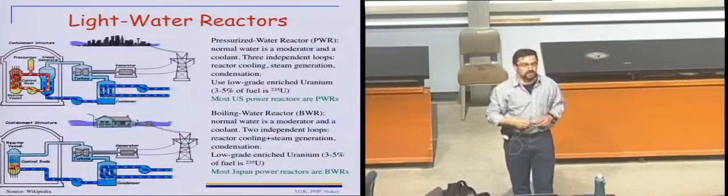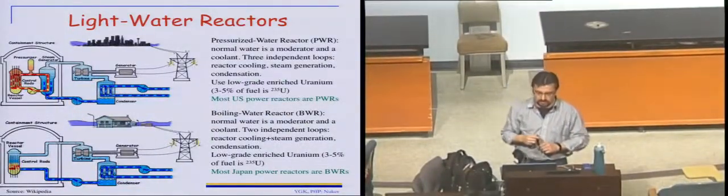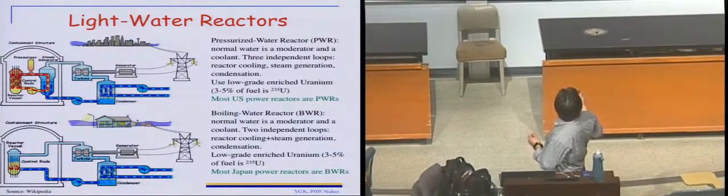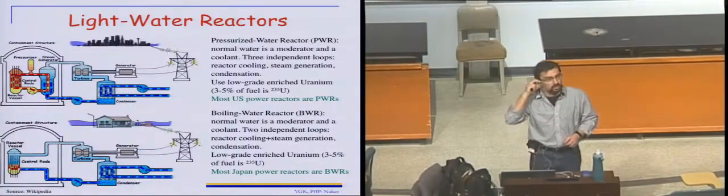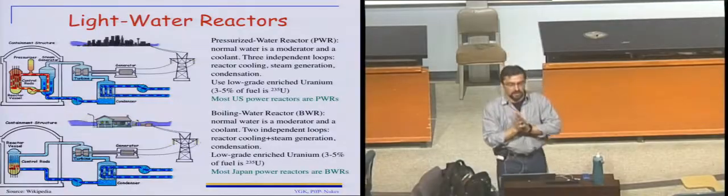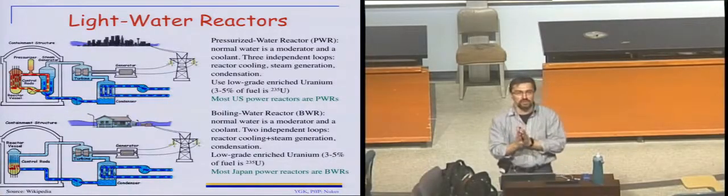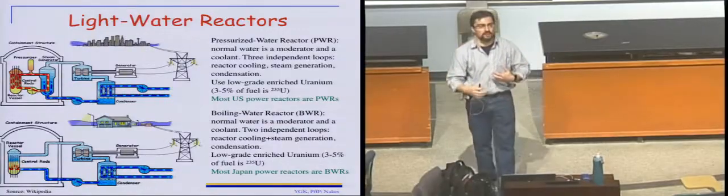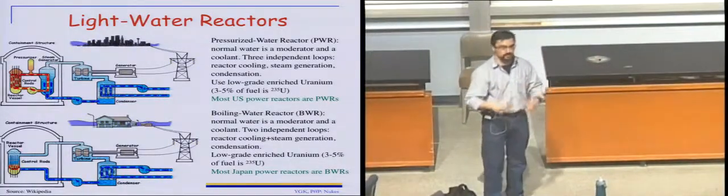Boiling water reactors are most often found in Japan. Both of those use low-grade enriched uranium, enriched to about 3 to 5%, and they differ slightly in their design. In both cases, the medium that absorbs energy from the nuclear reaction and produces electricity is water.